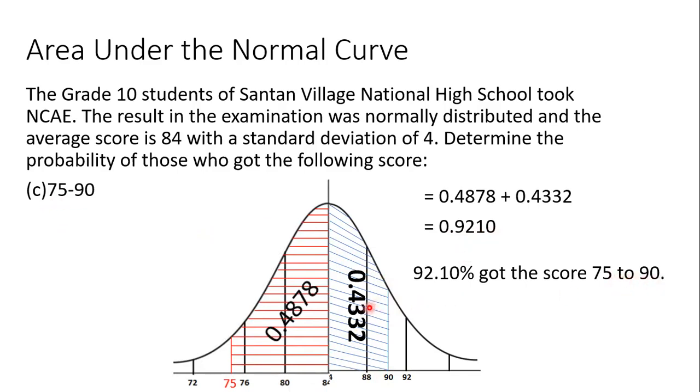So that will be our strategy in getting the sum of the areas of two different areas. Okay. So from 75 to 84, isang area. 84 to 90, isa ring area. So we simply add the two.